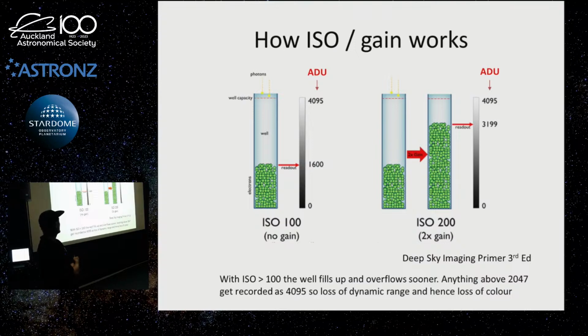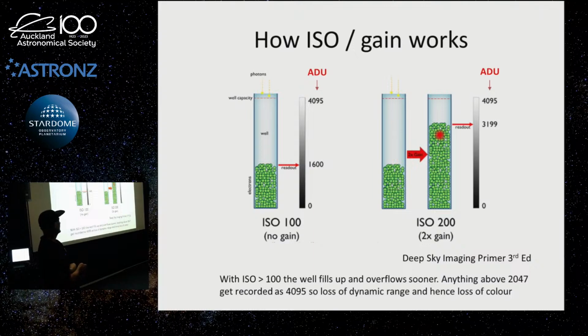When the well gets full, it overflows, and that's when you have exceeded the capacity of the sensor and everything goes white. Now, if you apply gain or ISO, it doubles the voltage. It doubles the effective number of electrons that you've got in the well. So here we've got an ISO of 200 or a gain of 2, and we've got something like 1600 electrons.